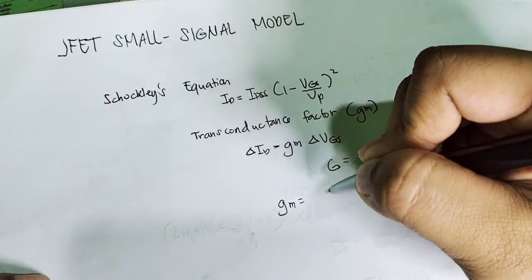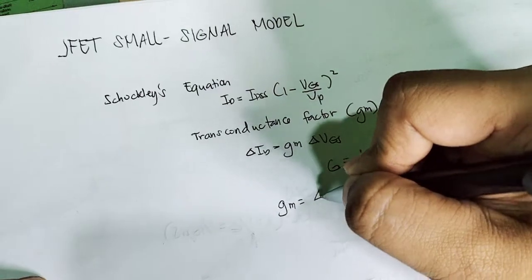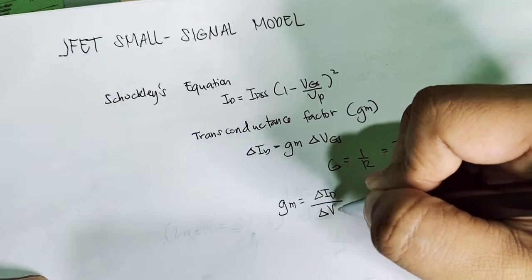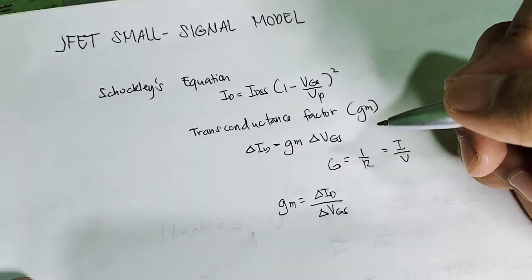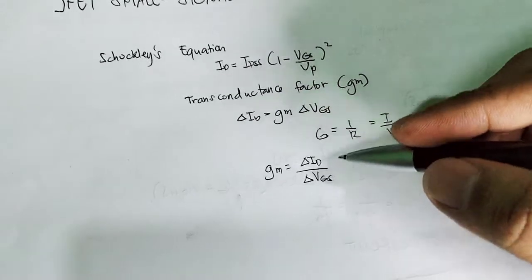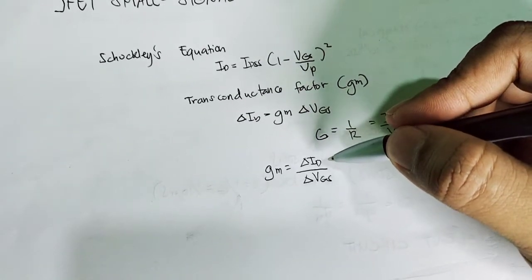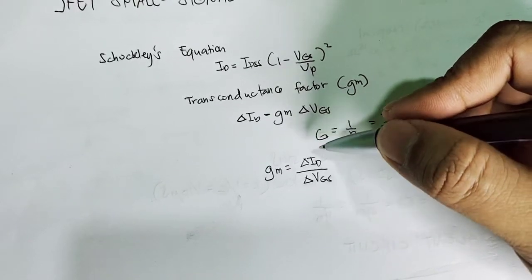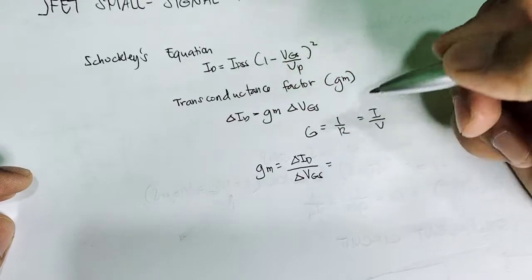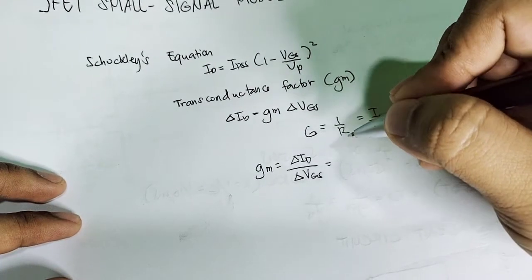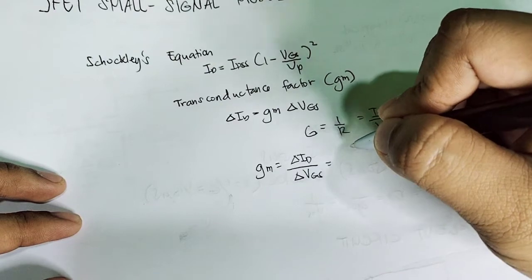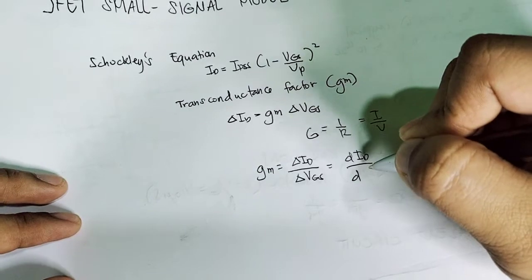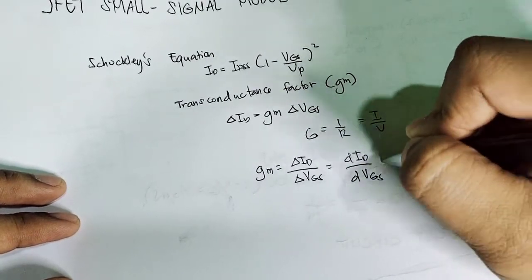from this equation, this will be the change of I sub D divided by the change of V sub GS. So the change in I sub D with respect to the change of the gate to source voltage will be a derivative: the derivative of I sub D with respect to V sub GS.